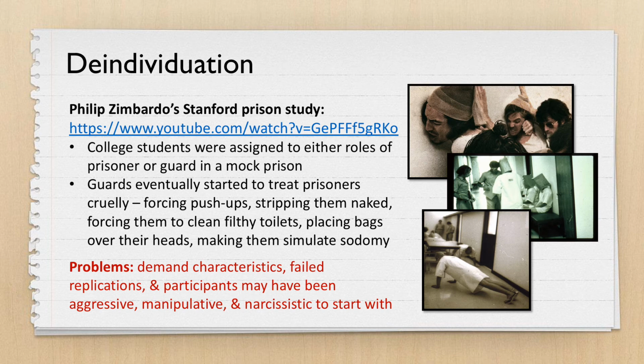After this experiment, people measured the participants' personality, and they found that these participants were more aggressive, manipulative, and narcissistic than the average. So maybe this is a special group of participants, so the results cannot generalize to others. These are the problems associated with the study, but even with all these problems, this is still a very interesting experiment, or in other words, a demonstration.